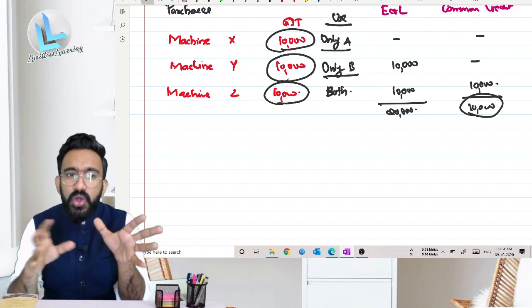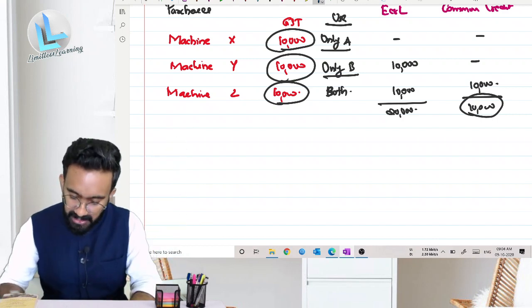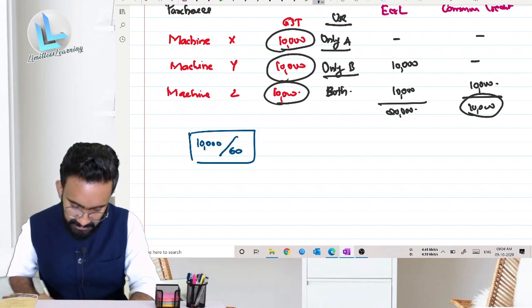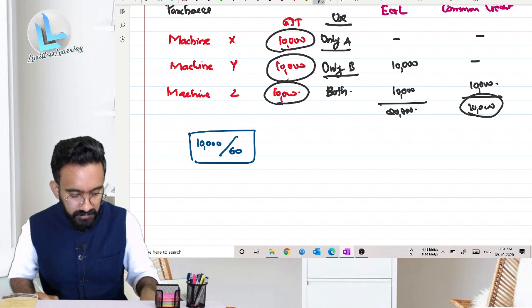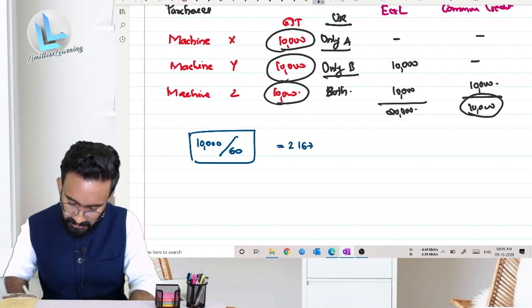So they're saying don't do the reversal in this month. Spread it out over 5 years, which means this 10,000 will be divided by 60 months, which is 167 rupees each month.